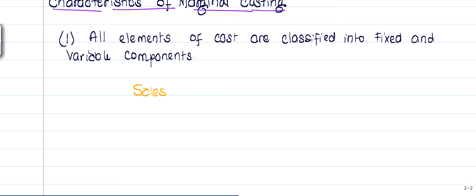Like we write sales revenue, then we deduct variable cost, we get contribution.